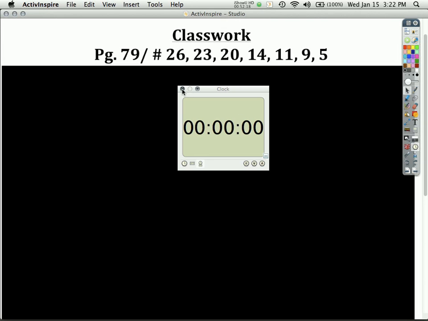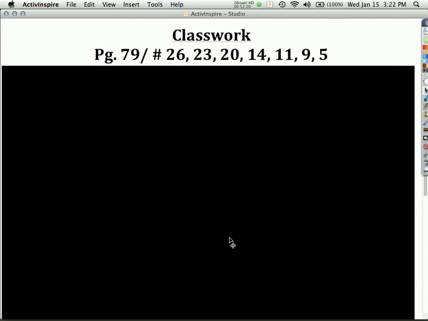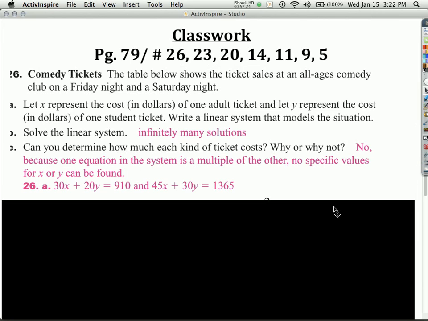All right, pick up your colored pens and let's see how we're doing. Number 26. A is down here at the bottom. That's the system. When you solve it, you get infinite solutions. And so can you figure out the cost of each kind of ticket?